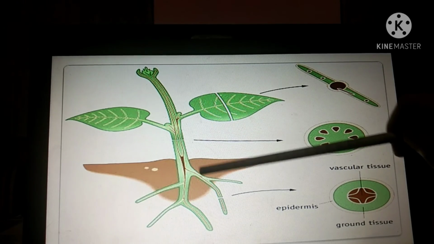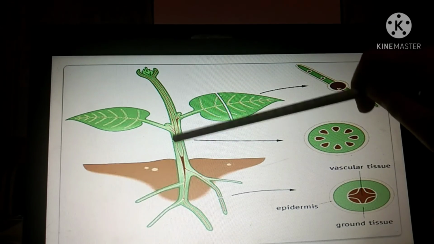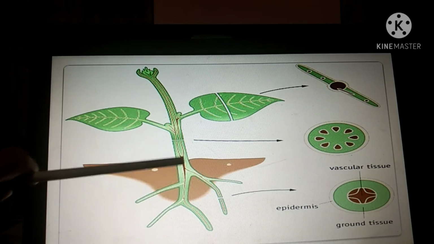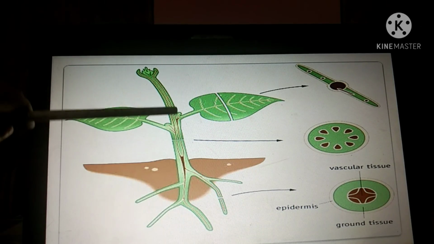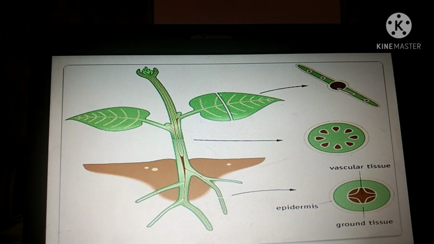Epidermis is the border of the stem. After the border you can see these green parts, which are the ground tissue. Then you can see the brown part. This brown part is the pipe or the vascular tissue. These are of two types, xylem and phloem, as I already told you.